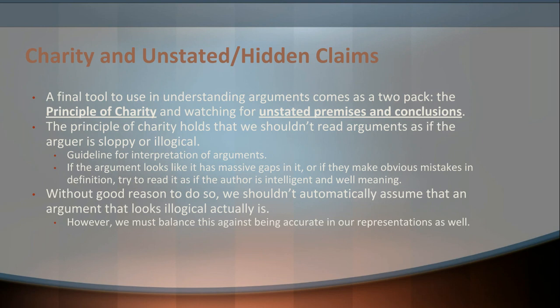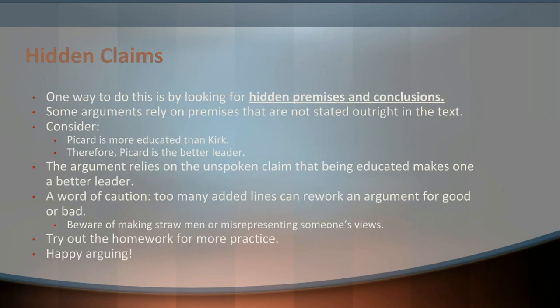Instead, you should approach it as if the author was well meaning and intelligent and say, well, maybe there's something that's left out. Maybe they're assuming something that's perfectly fine to assume. So let me test this and look at it. And this is where we get our final tool to use, the one that goes along with the principle of charity. And that's the idea of a hidden premise or a hidden conclusion.